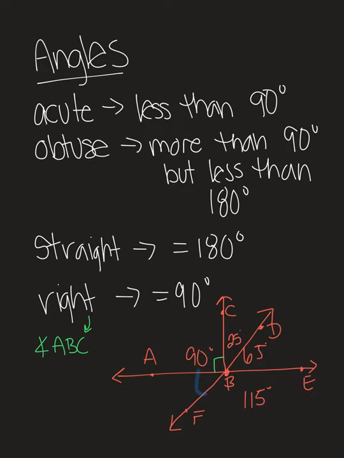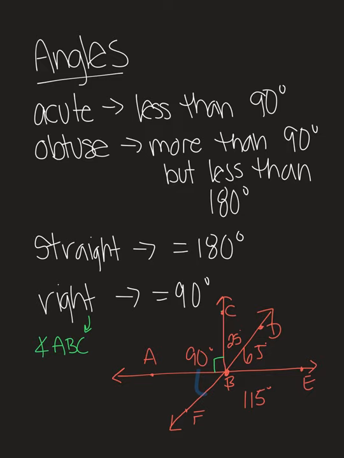Notice that I put my B in the middle because that is our vertex. So you want to make sure that you're going in order of B, A, B, C, or you could call this one C, B, A. They are the same angle there as long as you're showing that that B is in the middle.